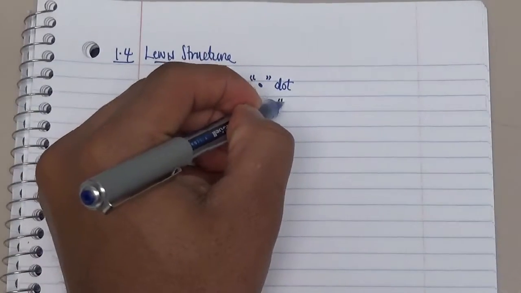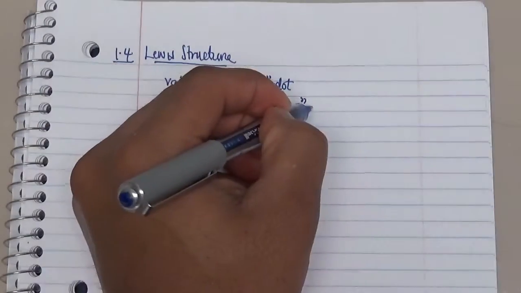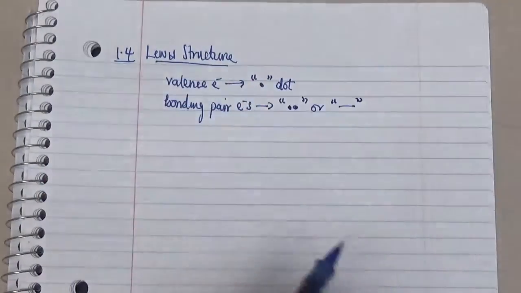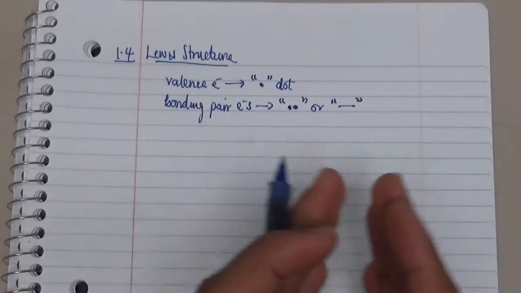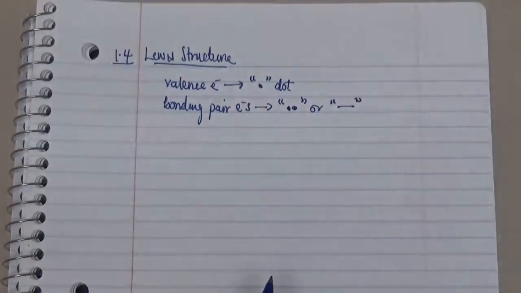As a result, these two electrons could either be written as two dots, or as a dash, which represents the connection between two atoms by a bonding pair of electrons.